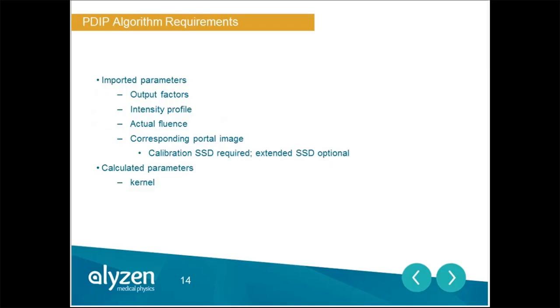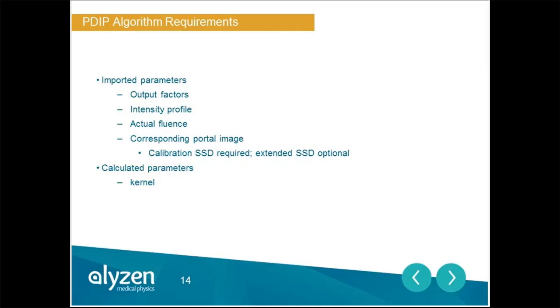The algorithm requires a few things. It requires output factors. Those output factors I typically will measure from a 1x1 up to a 40x40 for the large panel. I try to measure up to the max field size just to give a full field of view. We're going to give it an intensity profile, and we'll talk about where that intensity profile can come from.